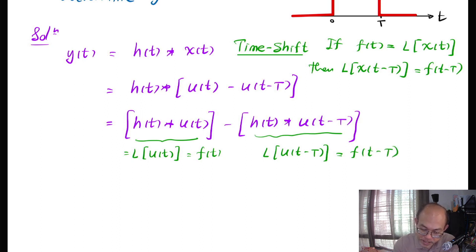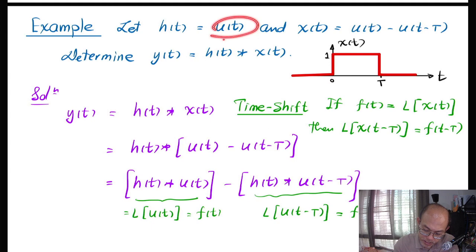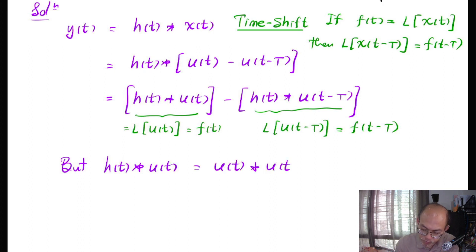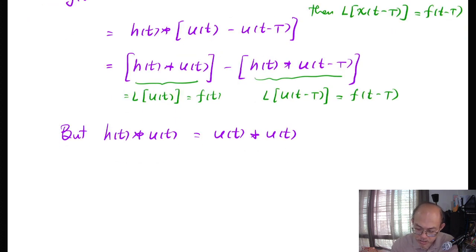So what remains for us to do is to do this, right? Now to do this, we plug in h as u. So h of t convolved with u of t is u of t convolved with u of t. Now we've done this several times, and we know that u of t convolved with itself will result in t u of t, which is the unit ramp signal.